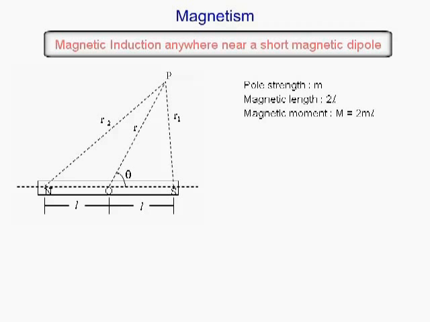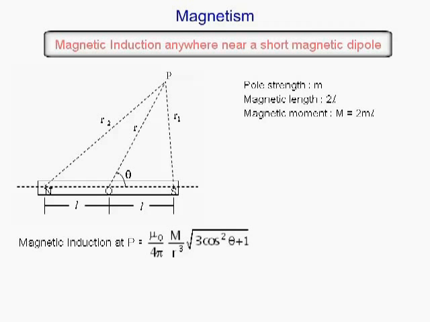In such a case, the magnetic induction at point P is given as mu naught upon 4 pi, M upon r cube, under root 3 cos square theta plus 1, where theta is the angle made by line OP with the axis of the magnet.